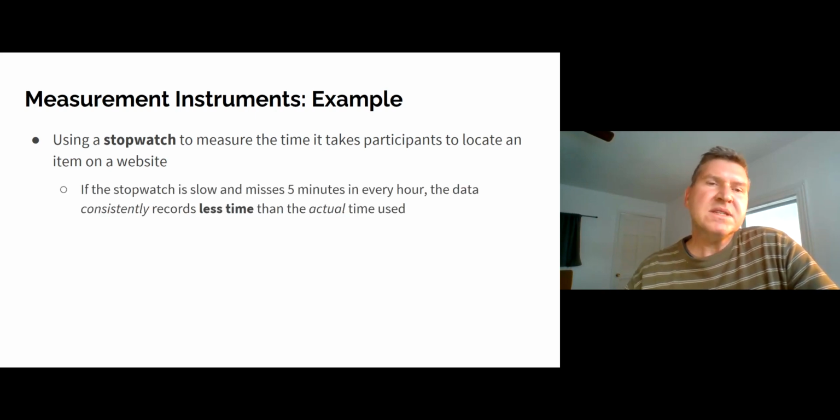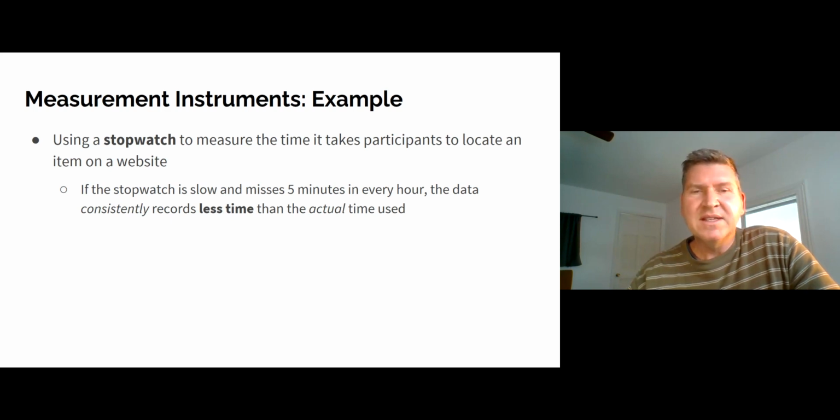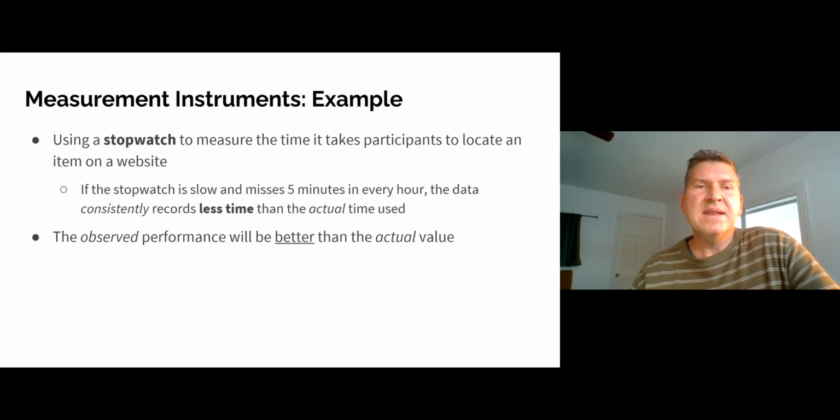And let's just assume that the stopwatch is not accurate. Let's just say it misses 5 minutes in every hour, which is a very unreliable stopwatch. So it's going to undercount the time, and then the actual performance is going to be better than the actual value.